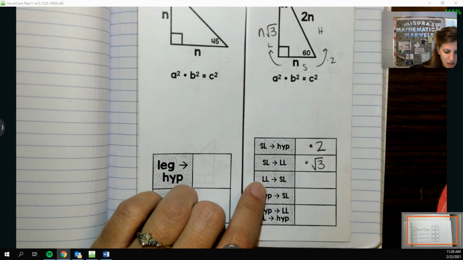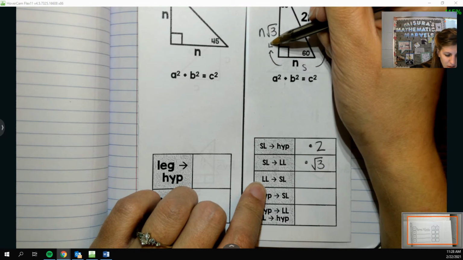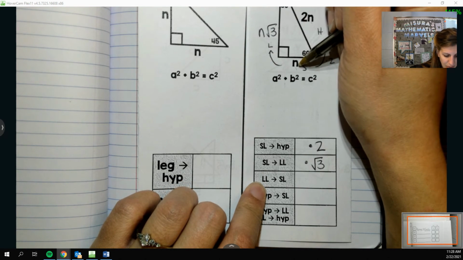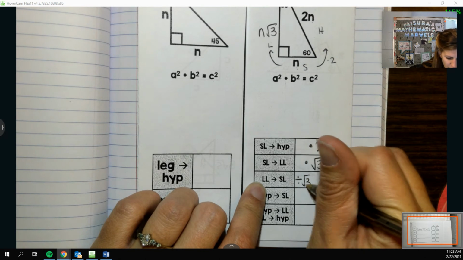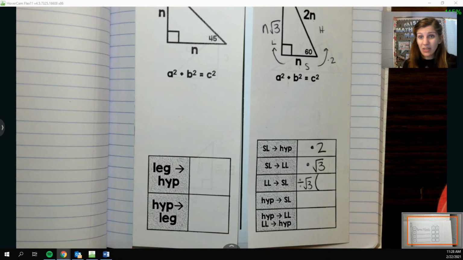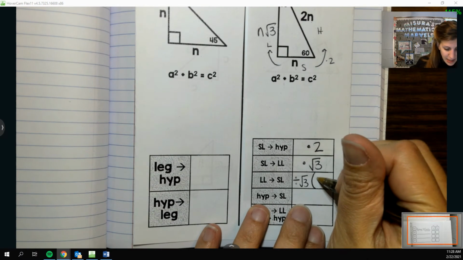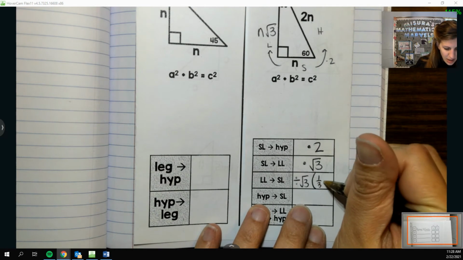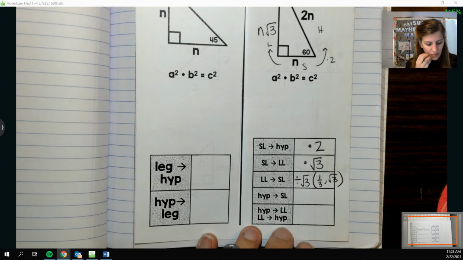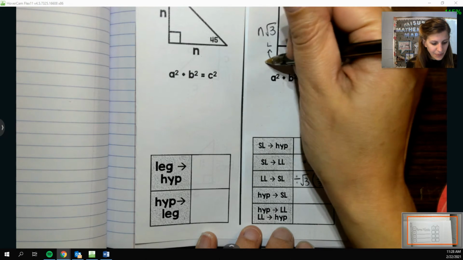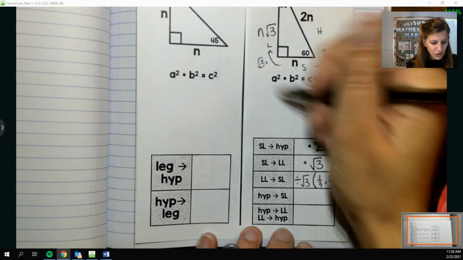When we go from that long leg to the short leg, going backwards, we just do the opposite, so we divide by root 3. But because we have to rationalize, what ends up happening is we take a third and then put a root 3 on.